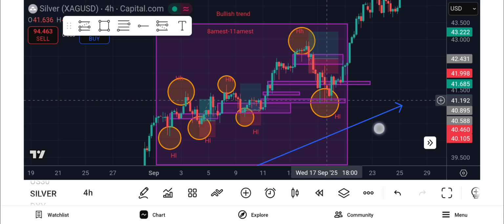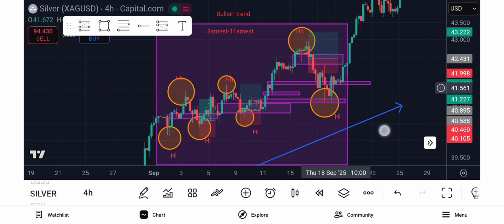So what you could have done was wait for your entry again, which is around 10 a.m. But you can see that price already left, so you wouldn't have even taken this trade.